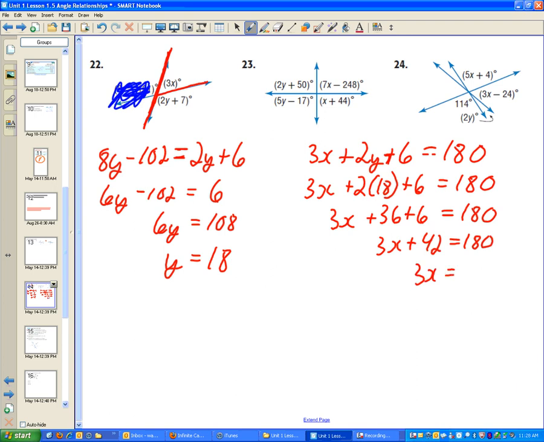Now be careful, when you're subtracting from 180 or you're subtracting from 90, it's easy to be 10 off. So what's 180 minus 42? 138. And now I need to divide 138 by 3. 46.